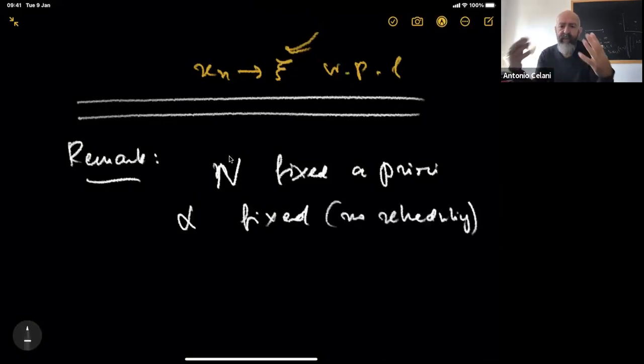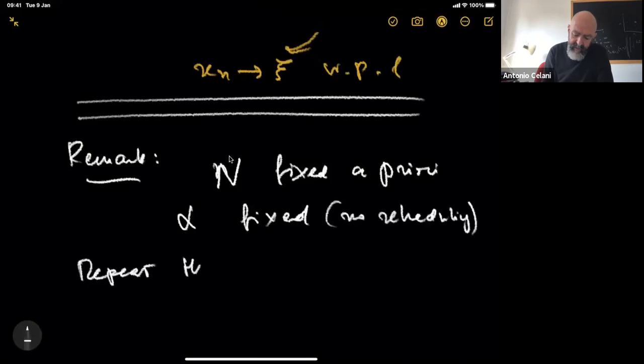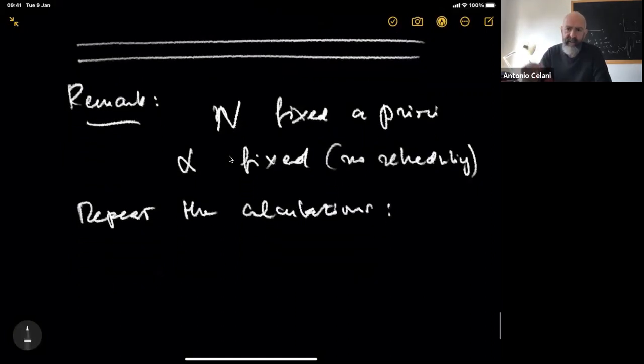But we can repeat the calculations as we did now, which are slightly simpler. And the bottom line is that if we repeat the calculations, which I think is also a good exercise to do before getting back to the proof of the theorem, everything is more straightforward and then you understand the little subtleties.